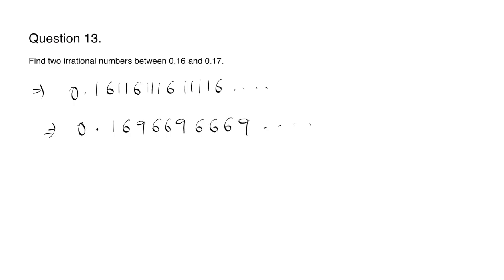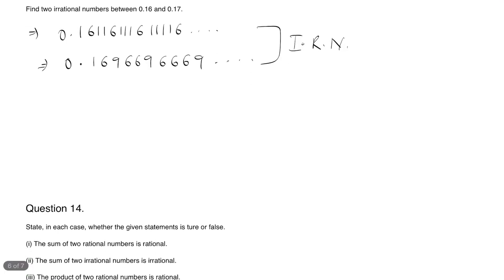These are non-repeating and non-terminating, so these are irrational numbers between the two rational numbers 0.16 and 0.17.